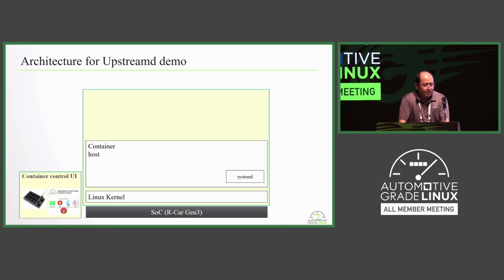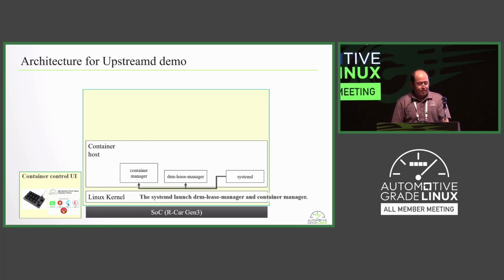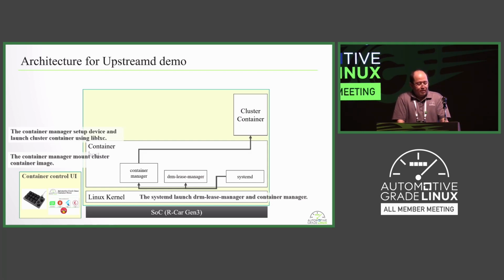So the improved architecture and behavior are as shown. systemd launches the DRS manager and the container manager. It's the same behavior as the CES2023 demos. The container manager mounts a cluster container image, only the cluster container, and sets up devices and launches the cluster container using libxc.